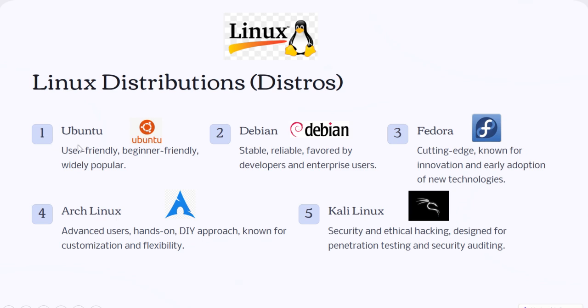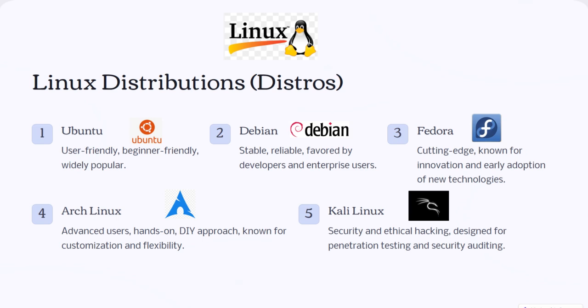First is Ubuntu, a very user-friendly operating system, friendly for beginners also. Next is Debian, which is stable and reliable, and we can use it in an enterprise environment. Fedora is cutting edge, known for innovation and early adoption of new technologies. Arch Linux is for advanced users and is designed for DIY setups.